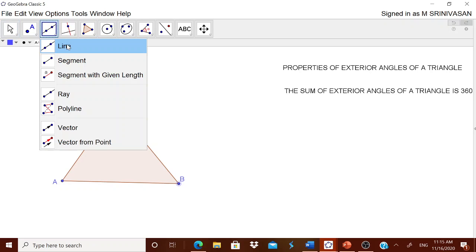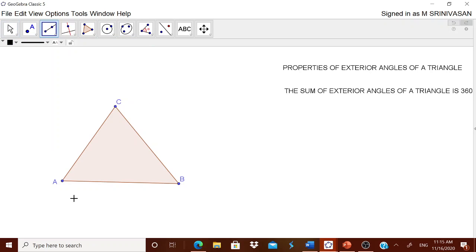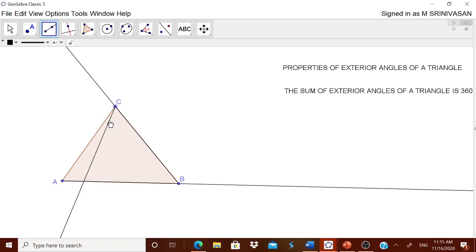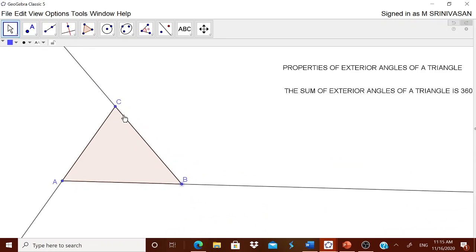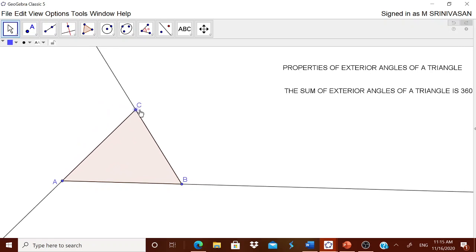For that, go for this ray, extend AB by touching B. Now extend BC by touching C, and extend CA or AC, whatever it may be, by touching A. Now you see, whenever I am moving this, the extended line will also move. Be careful. Don't try to use segment. You have to use ray by touching it.